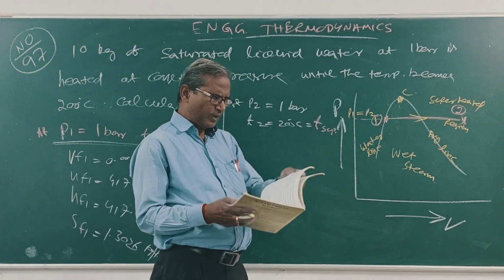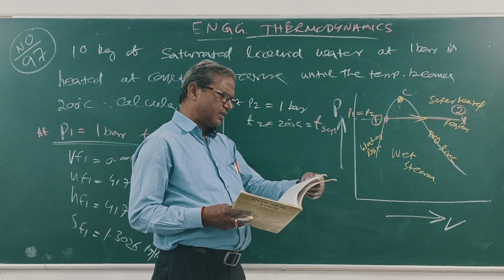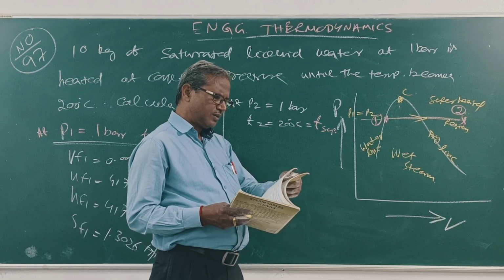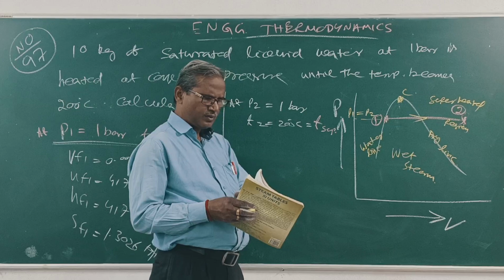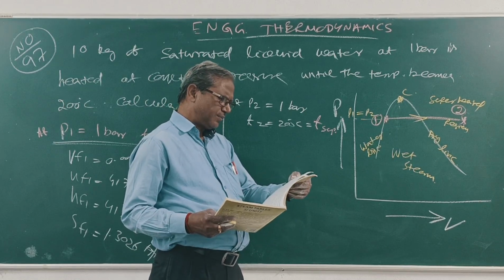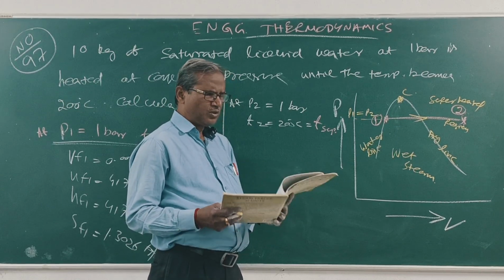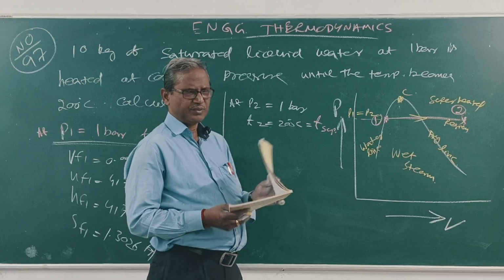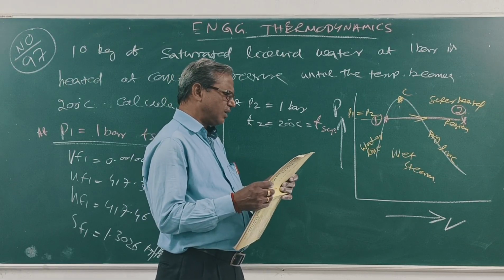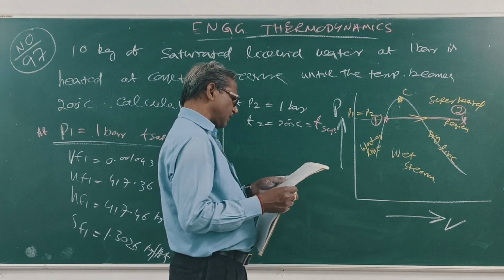Now at 1 bar 200 centigrade, superheated condition. So table number 3, superheated steam, page number 38. Clear? 1 bar, 200 centigrade.